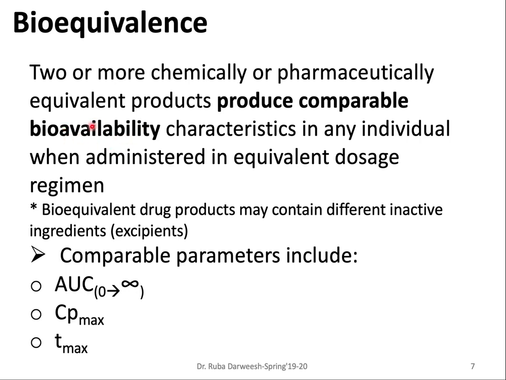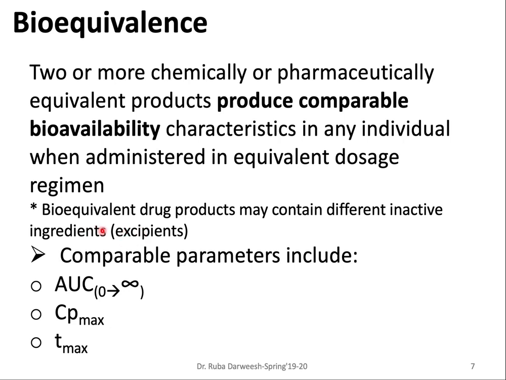And when we talked about bioavailability, we said it's the rate and extent of the drug reaching systemic circulation, right? For any drug when administered in an equivalent dosing regimen.